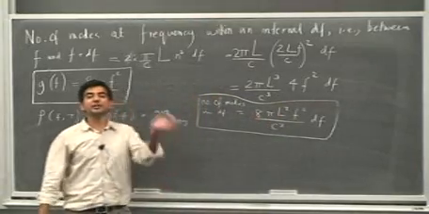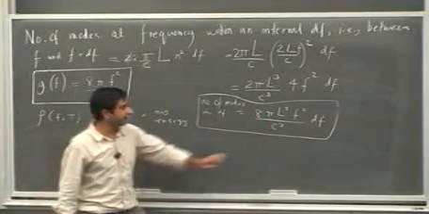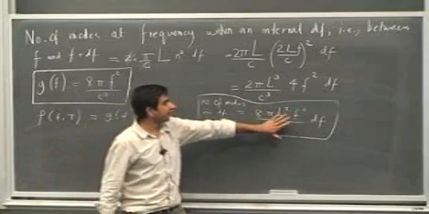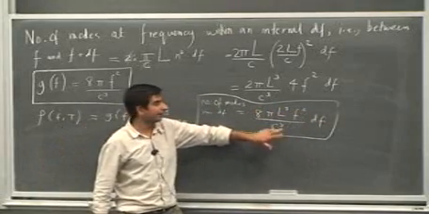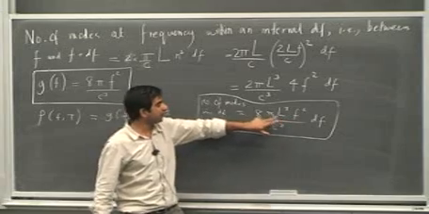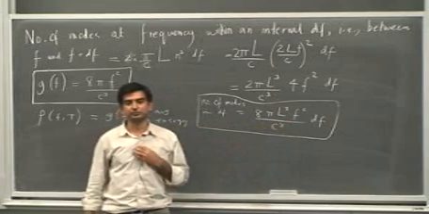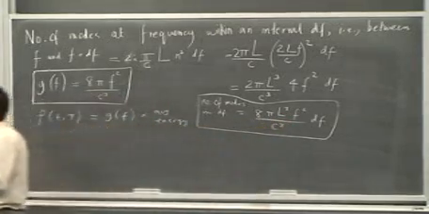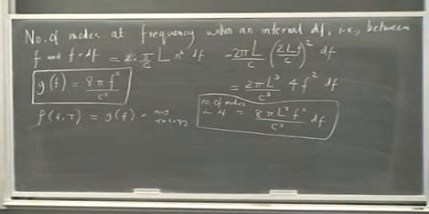So the number of modes per unit frequency will be this number, 8 pi L cube f squared over c cube, and you divide by the volume, you get 8 pi f squared over c cube. Okay, very nice question.